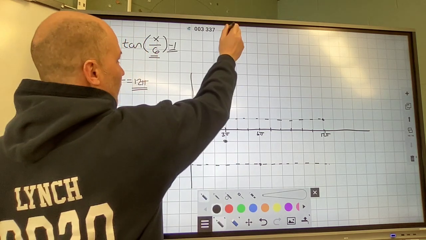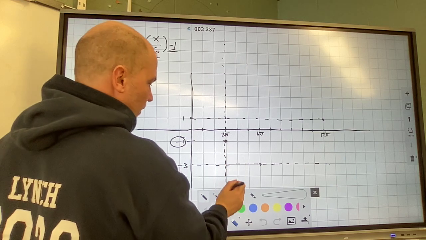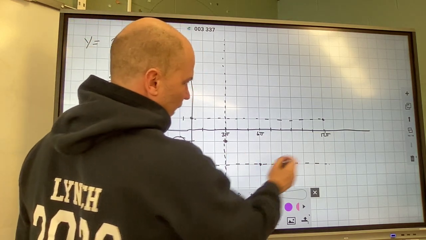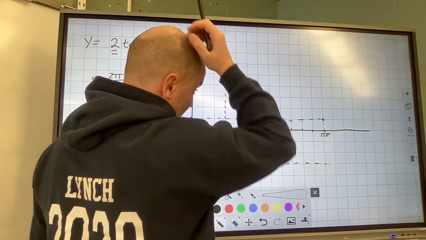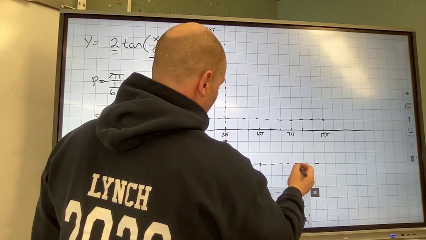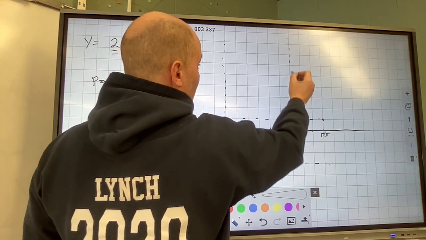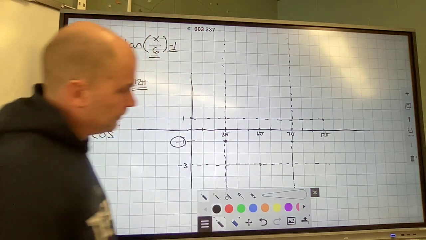So we now know that we have a vertical asymptote at 3 pi. And then I can do that again. I can think halfway between 6 pi and 12 pi, so that would be 9 pi. I know that I also have another 0 right there, so I am going to draw my vertical asymptote.